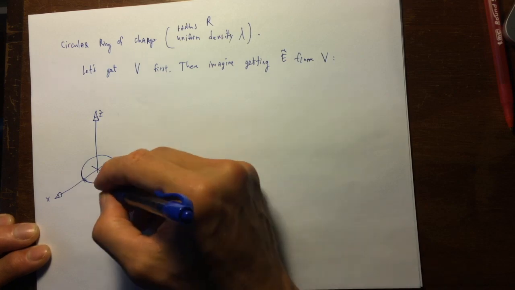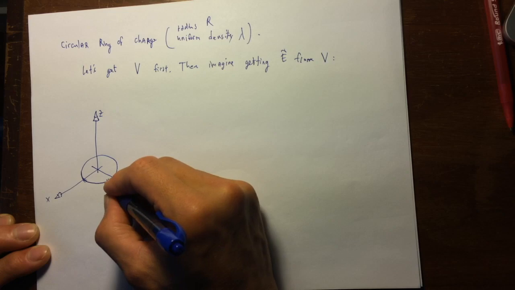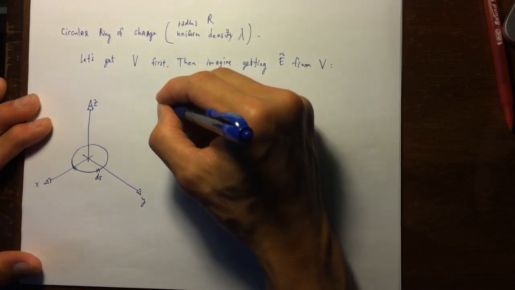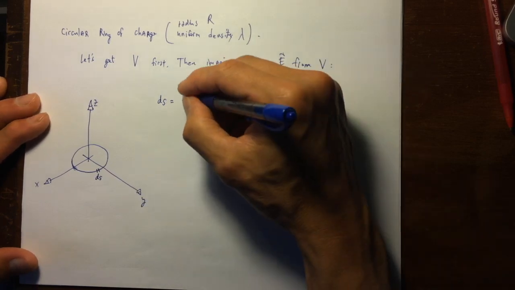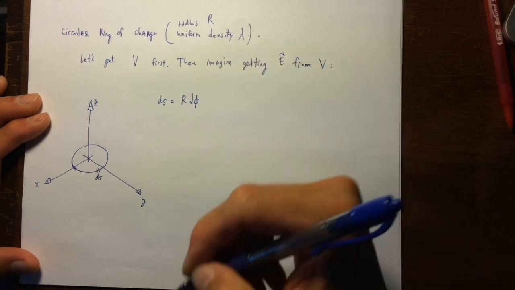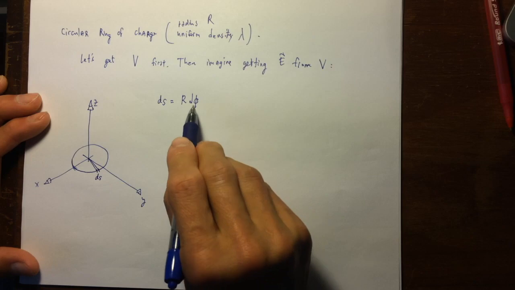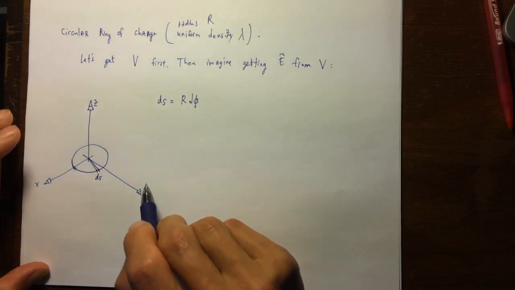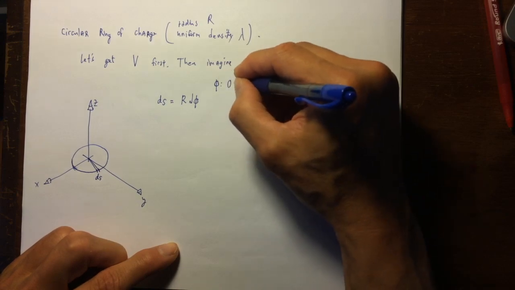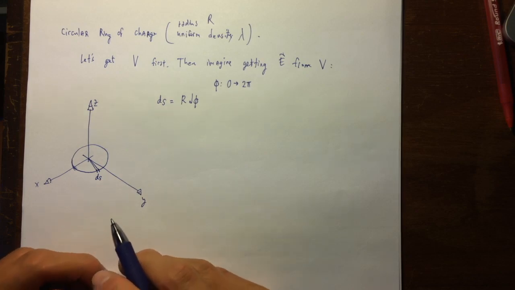All right, so let's take a small arc length ds. It's at the radial distance r, and we imagine sweeping with angle phi. So we are sweeping an angle d phi, like that. And phi is going to range from 0 all the way around to 2 pi, because we have the entire ring.